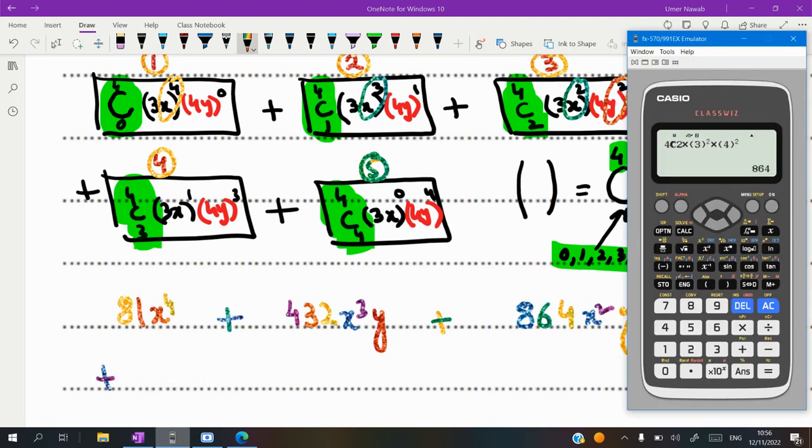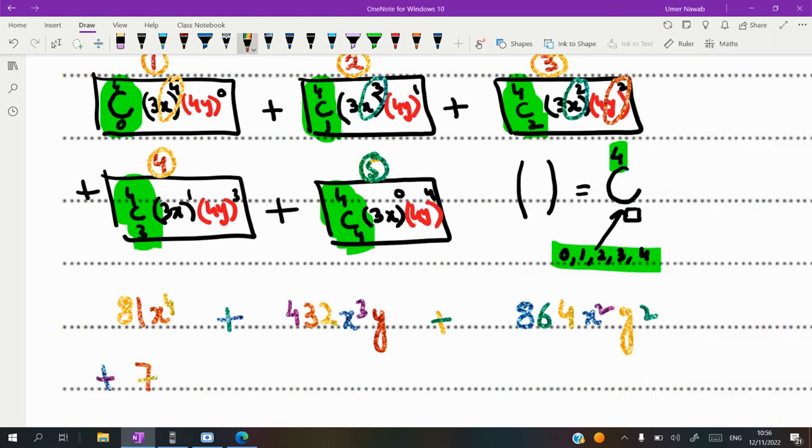Now come to the fourth term. Delete 3, and here I'm gonna write power 1 and here 4C3. It gives us 768 x and y power 3.